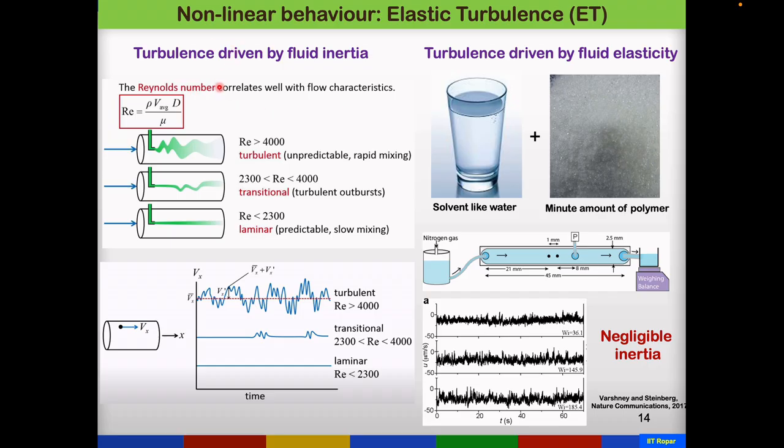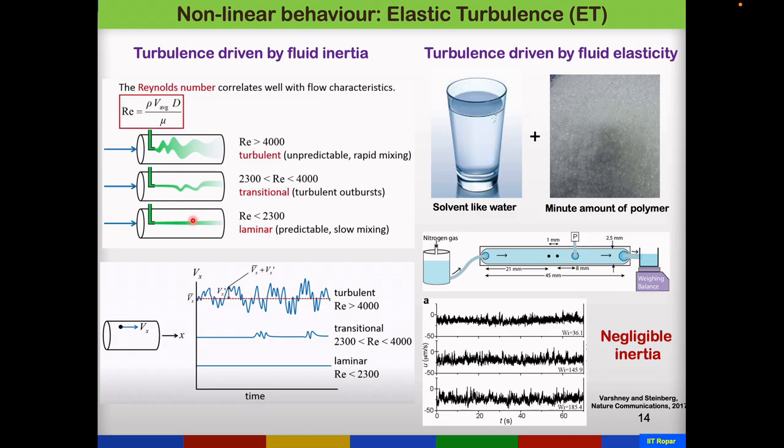That hydrodynamic turbulence is dictated by a famous non-dimensional number, the Reynolds number, which, as you all know, is the ratio of inertial forces to viscous forces. And this is the perfect example that we always give to explain hydrodynamic turbulence.